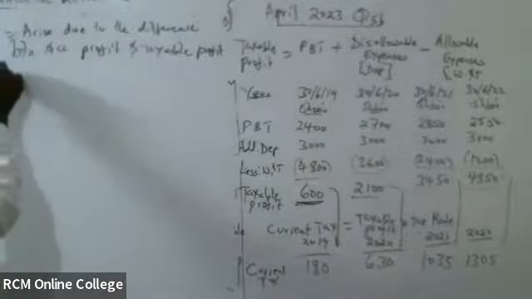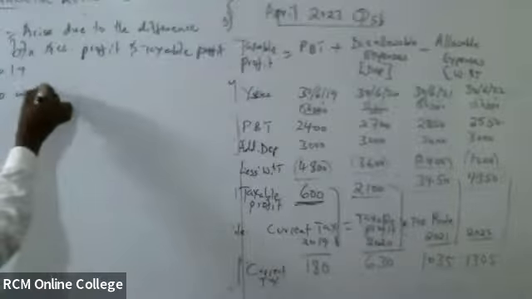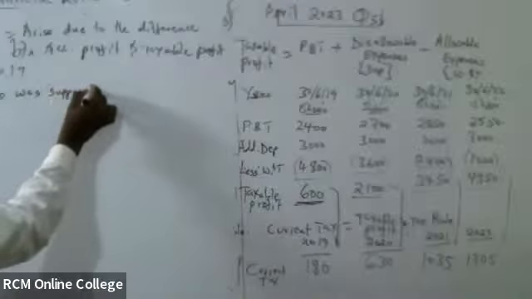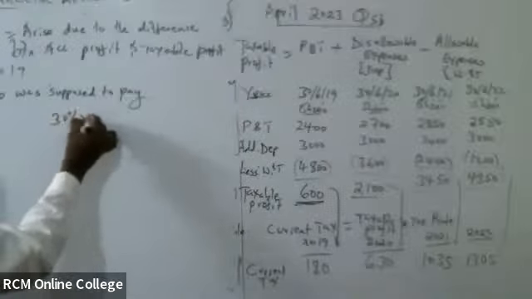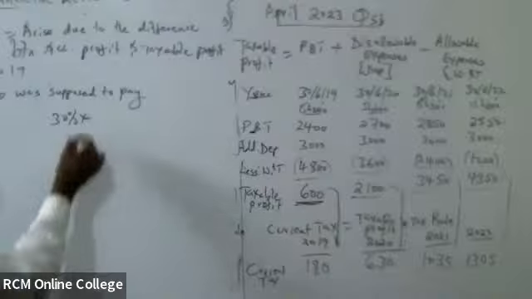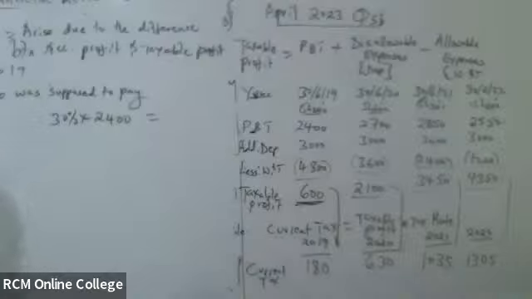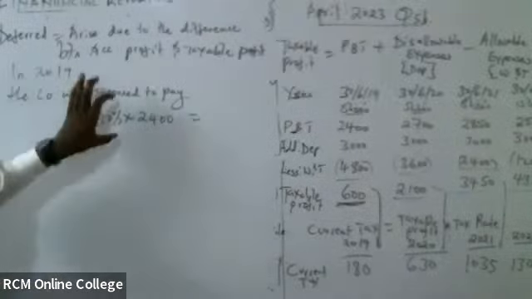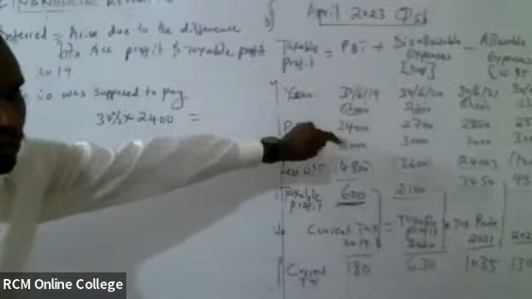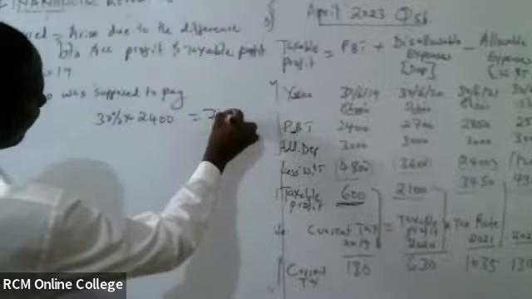In 2019, the company was supposed to pay 30% of the profit before tax, of 2400. Ilikuwa inafaa ilipe 720.